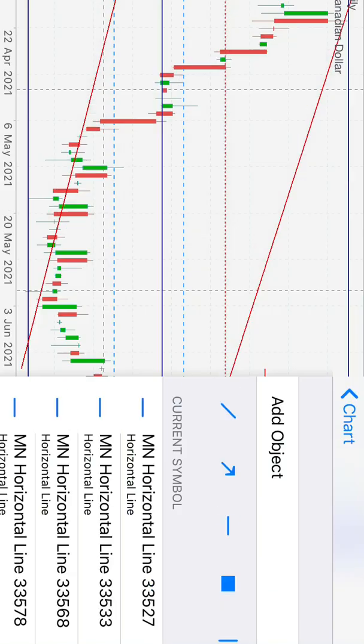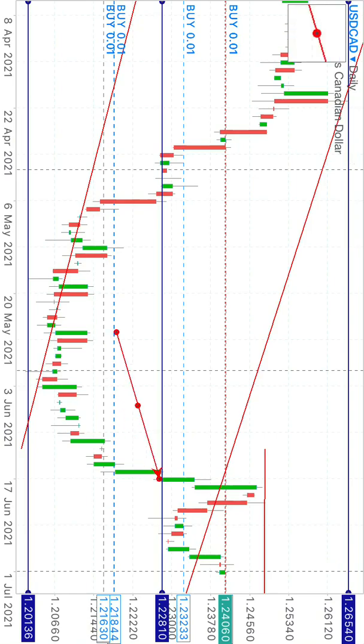There was a breakout on that order block. This arrowed candle was the one that broke above that order block, and then this candlestick is the first candlestick which retested that order block. So it also rejected and closed above.